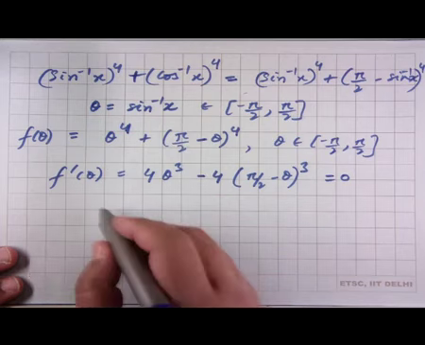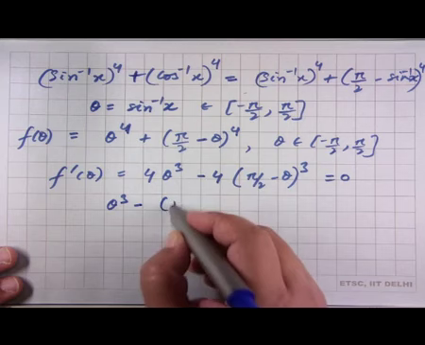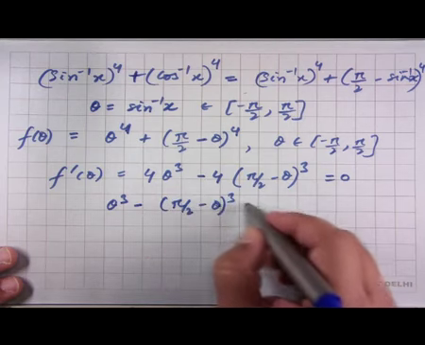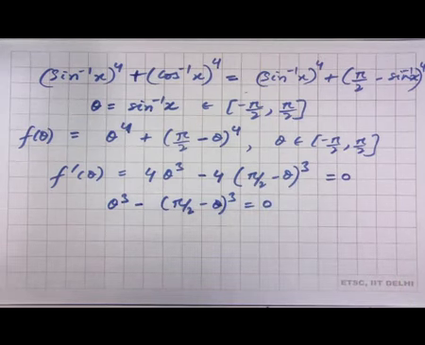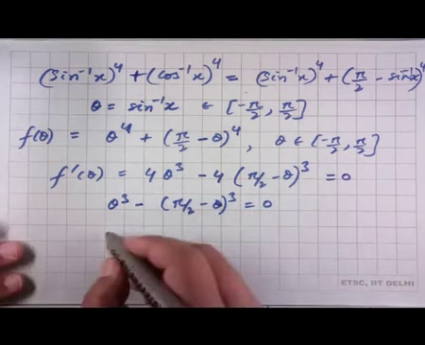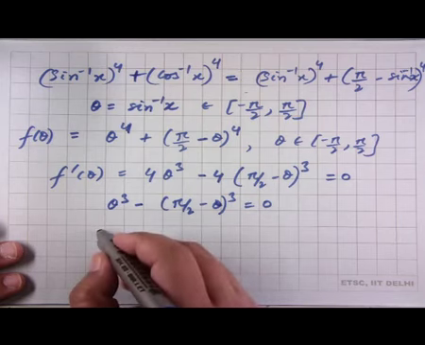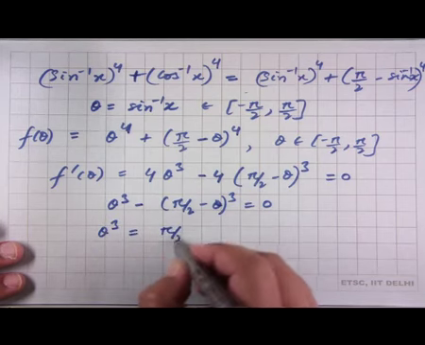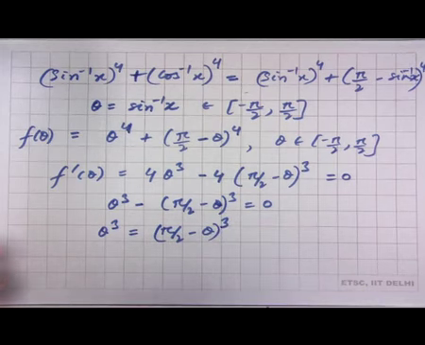So then the equation that we get is theta cube minus pi by 2 minus theta cube equals 0, or in other words theta cube is equal to pi by 2 minus theta cube.